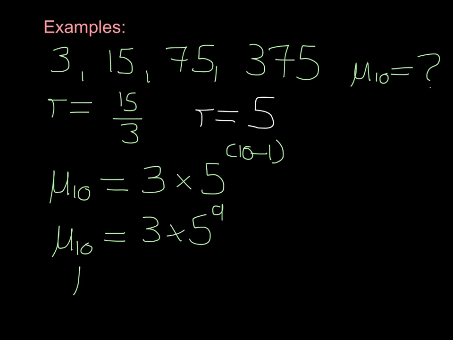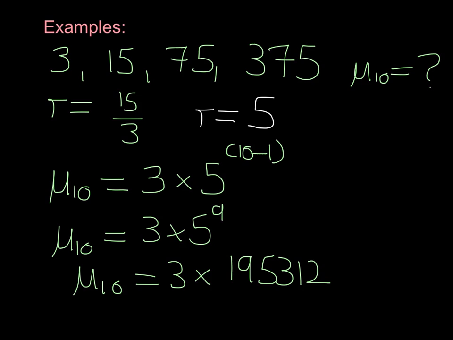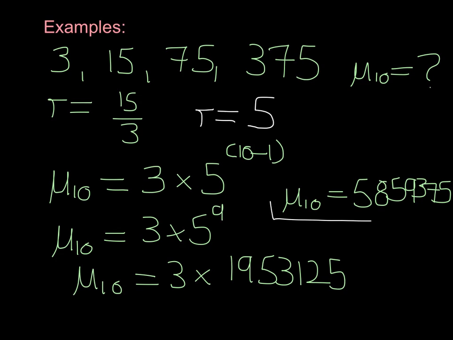It is U10 equals 3 times 1953125. You can do it with your calculator: 5,859,375. And this would be our final answer for U10.